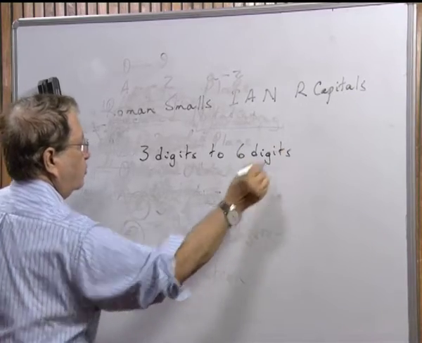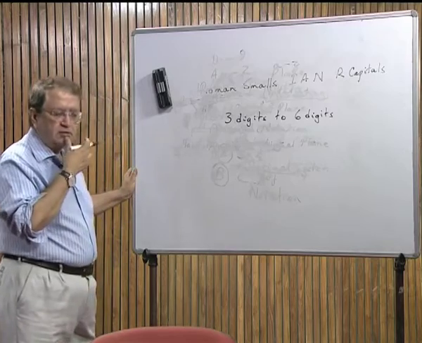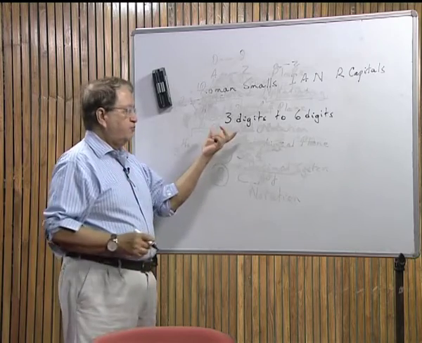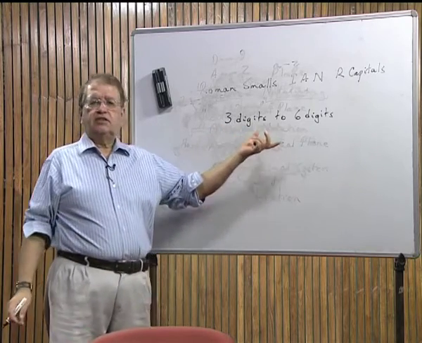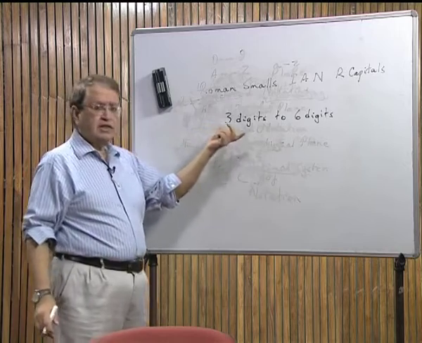And that is why, if you recall, when we had these old style telephone numbers, we had 6 to 7 digits in each one. Now, we have mobile numbers which are 10 digits.